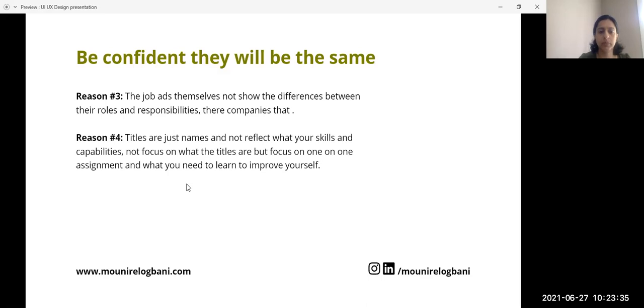And instead of focusing on titles, you need to focus on the assignment that you are working on and also improve yourself, in both soft skills and hard skills.